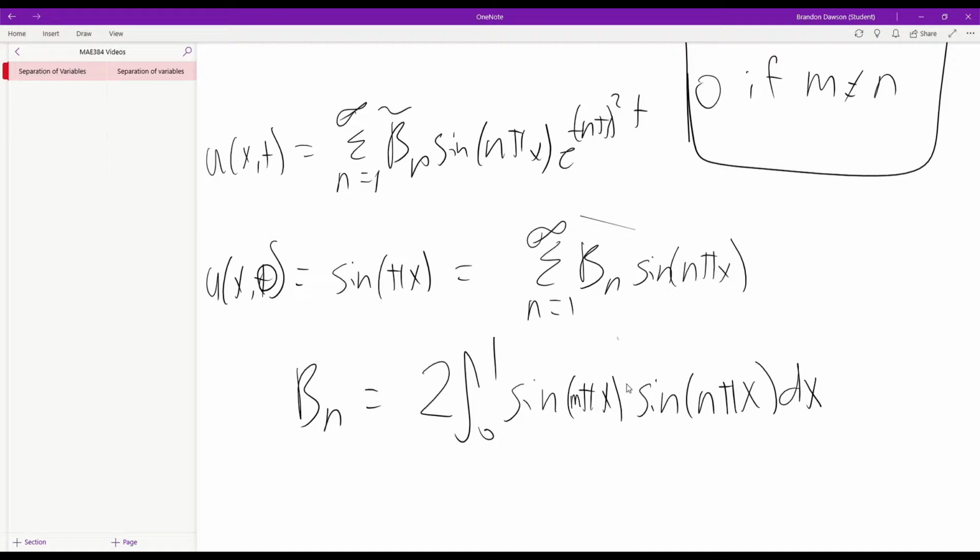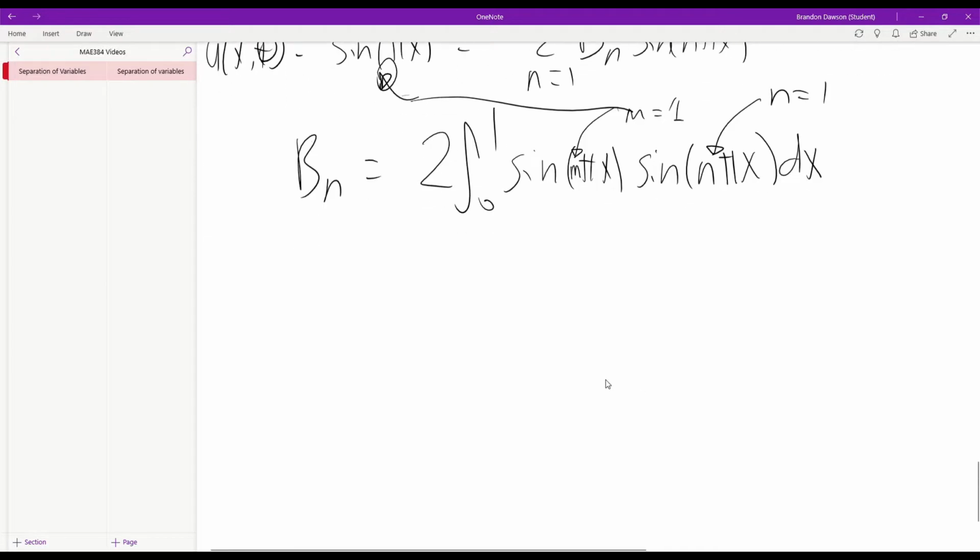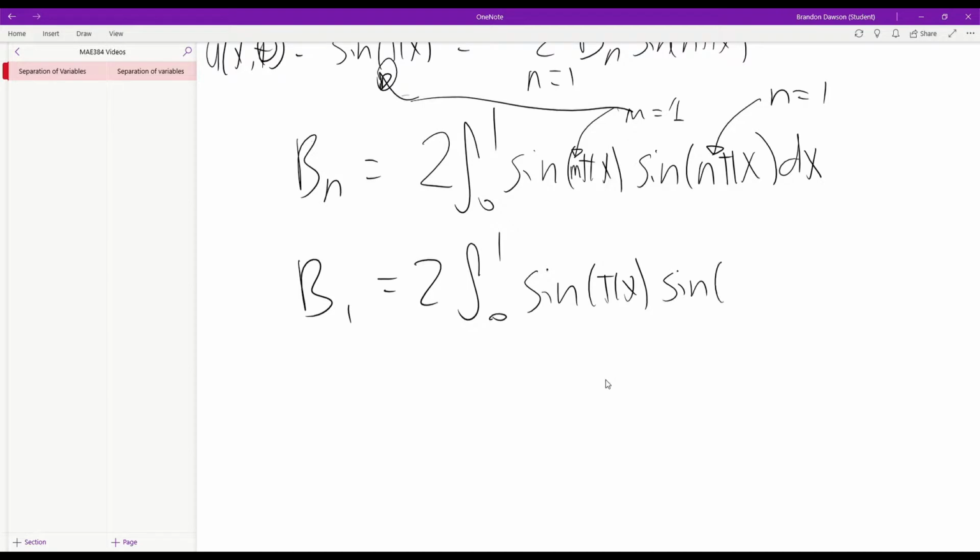We know that this m value here is equal to 1 because there is no coefficient here, which would mean that this n value here needs to equal 1. So then our n value is 1, so it becomes 2 times the integral from 0 to 1 of sine pi x dx.